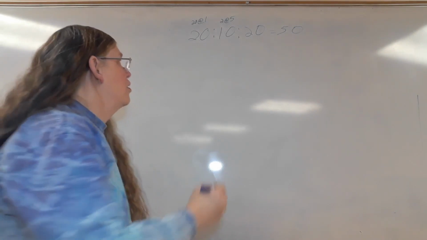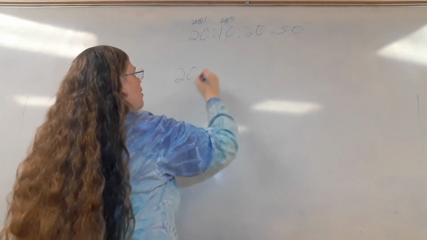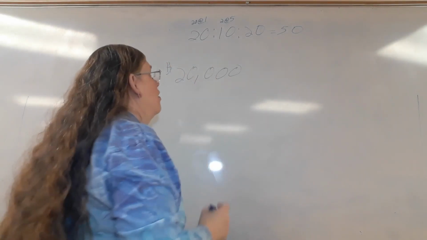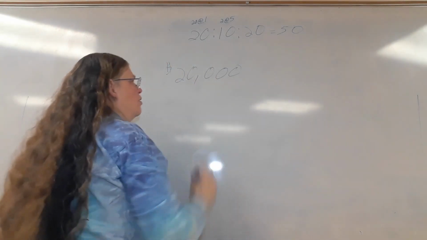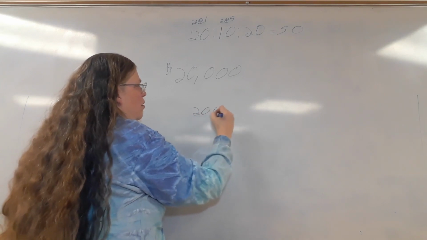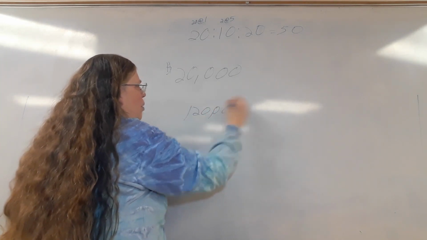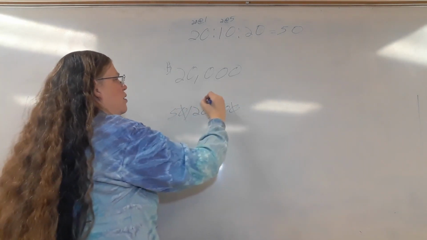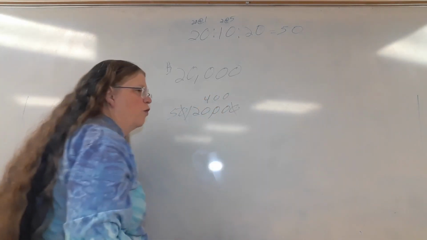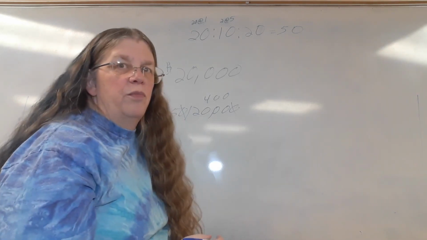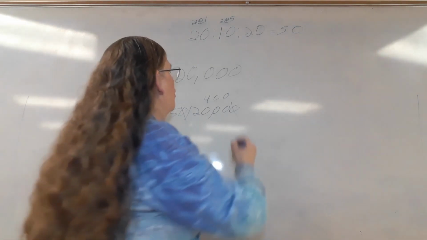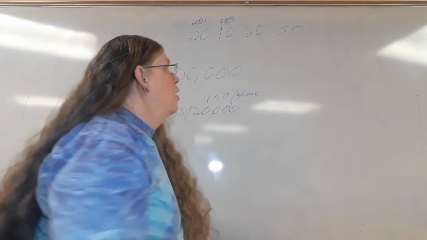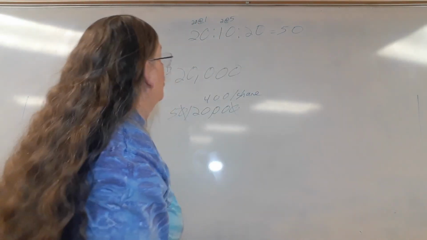All right, let's say we got $20,000 worth of stolen booty. We divide that 20,000 by 50. All right, let's kill the 0. That gives us 400. So it's $400 per share. The students each get 1.